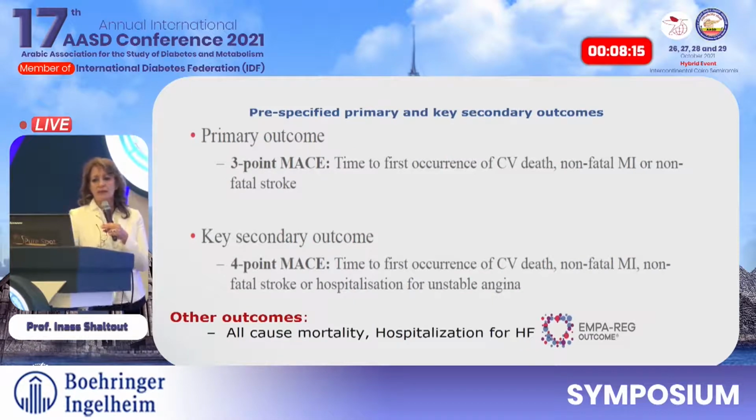The primary outcome was the 3-point MACE: time to first occurrence of cardiovascular death, non-fatal myocardial infarction, or non-fatal stroke. The key secondary outcome was the 3-point MACE with added hospitalization for unstable angina. The other outcomes were all-cause mortality and hospitalization for heart failure.